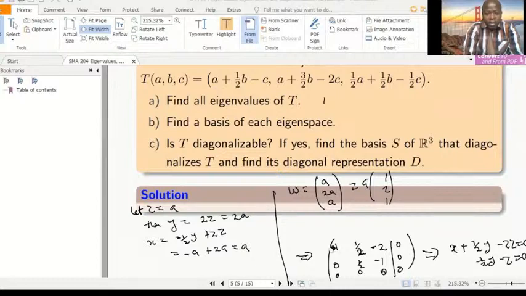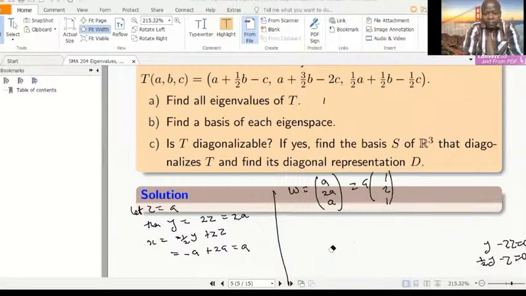The basis corresponding to this is only 1. So the basis here is a set comprising the eigenvectors, and the eigenvector there is 1, 2, 1. So the set comprising this is the basis.